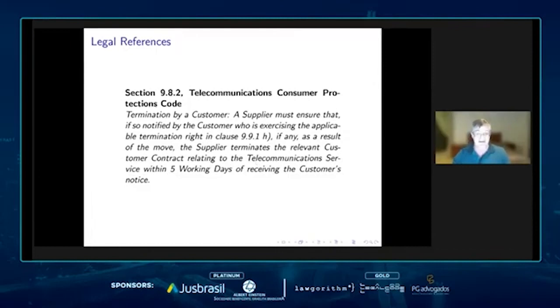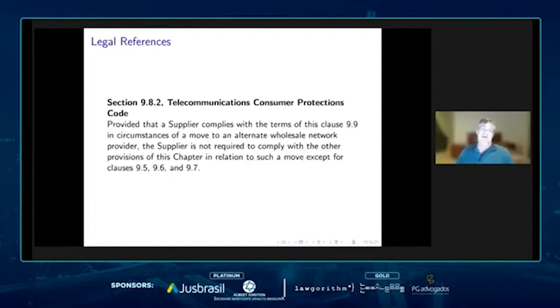The important part here is that you can see there are some references to other clauses. In section 982, we have something that is applicable according to section 991H, and we have no idea what those conditions are. Similarly, in section 9.8.2 of the Telecommunications Consumer Protections Code, there is a reference to something that has to comply with what's specified in section 9.9, and there will also be exceptions to 9.5, 9.6, and 9.7.